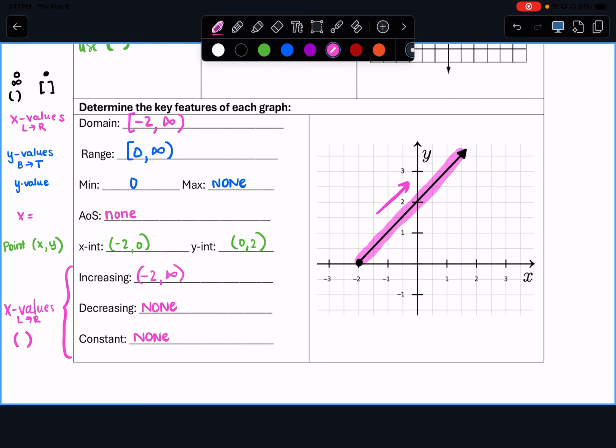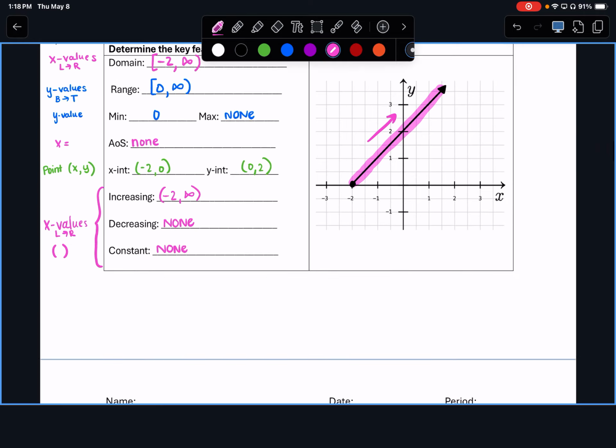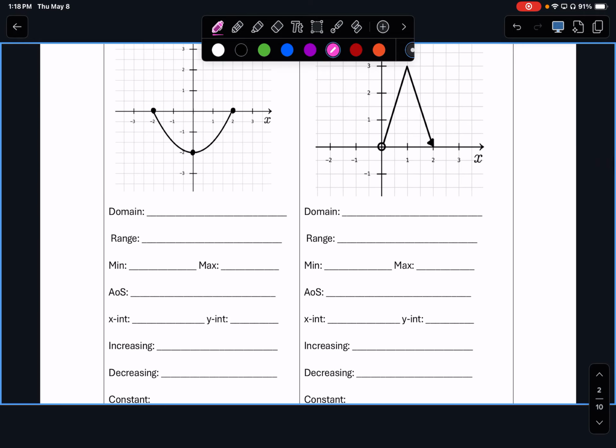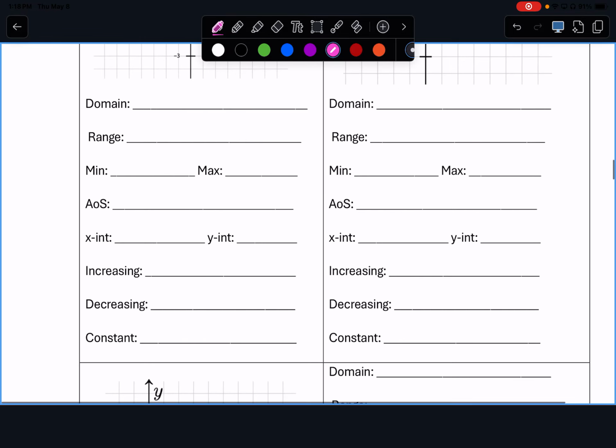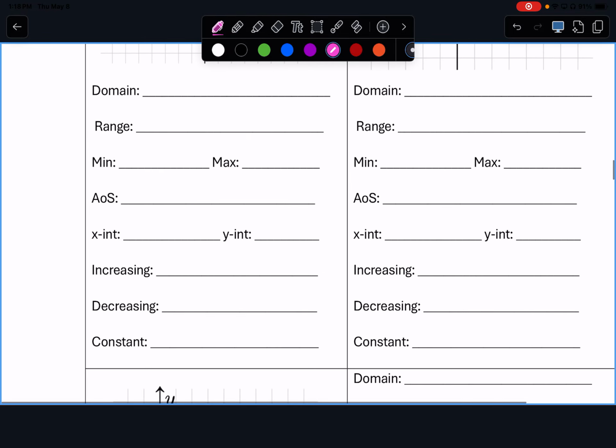Now we're going to look at the back. We're going to do the same thing back here. We're going to start by listing out what everything does and where we get it from. So our domain is our x values, from left to right. Our range is our y values from bottom to top.